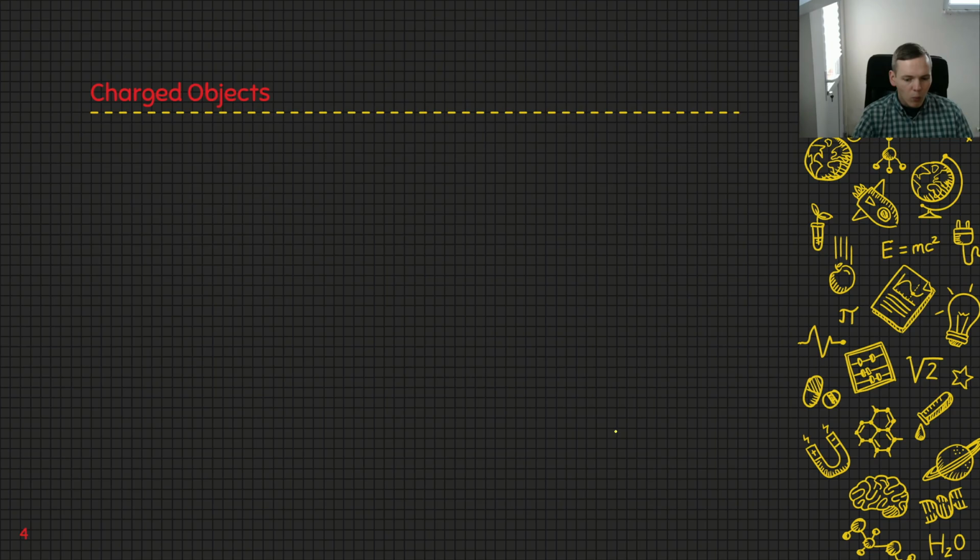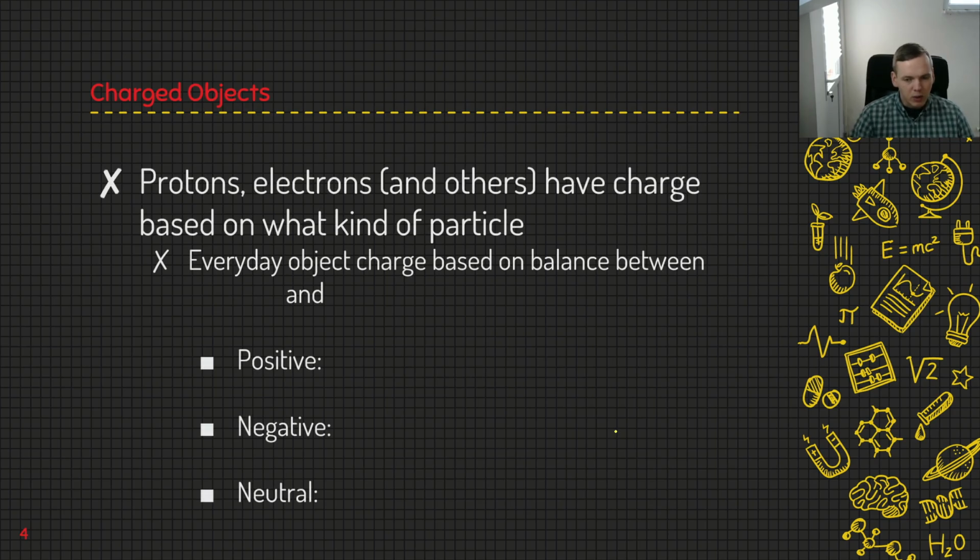So then, why are things charged? Well, protons and electrons have charge based on what kind of particle they are. Protons are positive, electrons are negative. So everyday object charge is based on the balance of protons and electrons in that object.